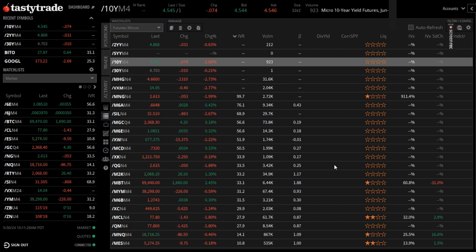Now, there are different kinds of yield curves. There's what they refer to as a normal yield curve, an inverted yield curve, and you also have just a flat yield curve. We'll start with the basics. A flat yield curve is where your short-term bonds or short-term notes are equivalent to your long-term notes or bonds.